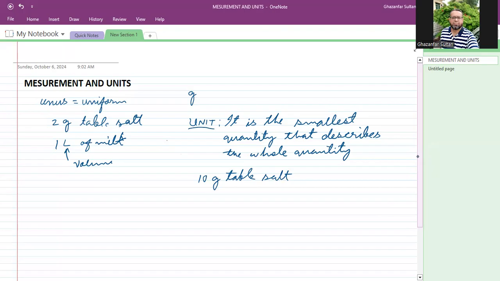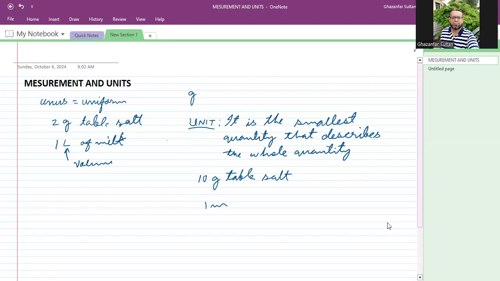Similarly, if you know how much is 1 liter, then you can understand how much quantity there would be in 10 liters. In measurement, for example, if you know how long 1 meter is, you can understand how much a kilometer is. So for estimating and accurate calculation, you need small quantities to represent the whole quantities. So this is the concept of unit.